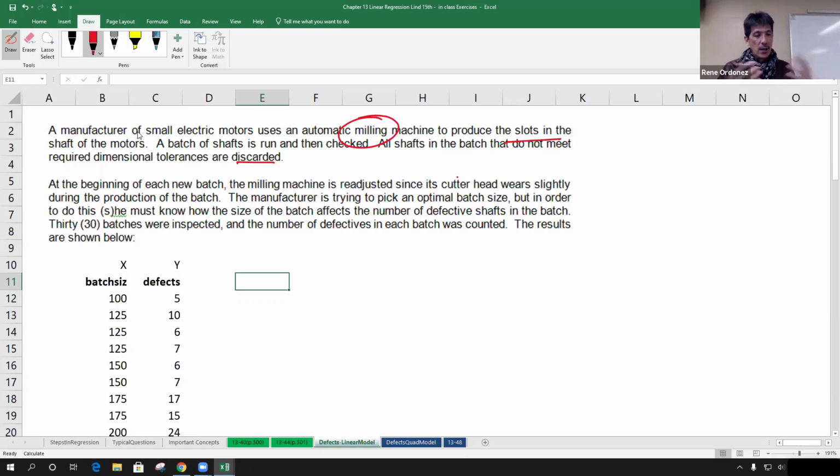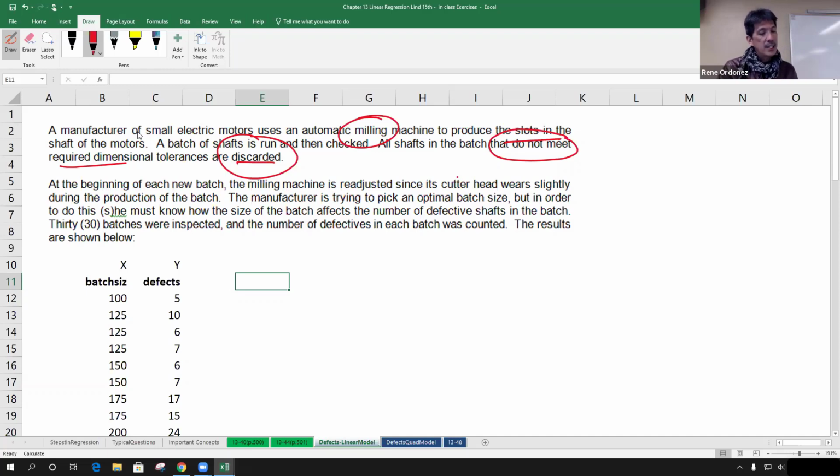Because of the degradation of the cutter, later on in the production process, some of the shafts that are milled will not be able to meet the required dimensional tolerances and therefore will be discarded as scraps. Okay, and in any production, that is not good because that means that you have the cost of producing bad items.